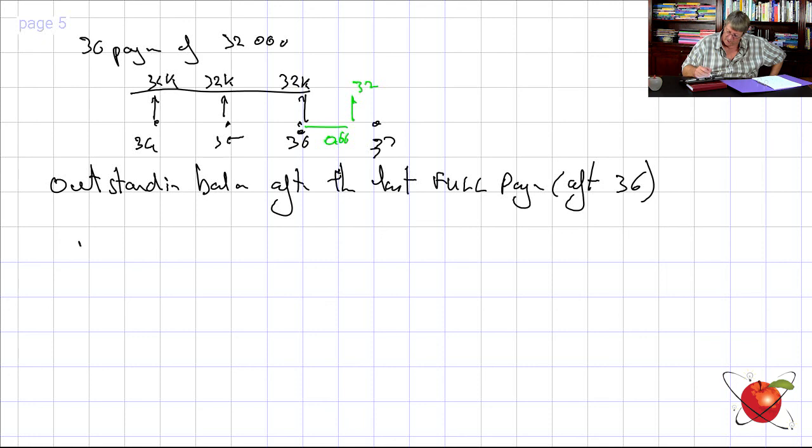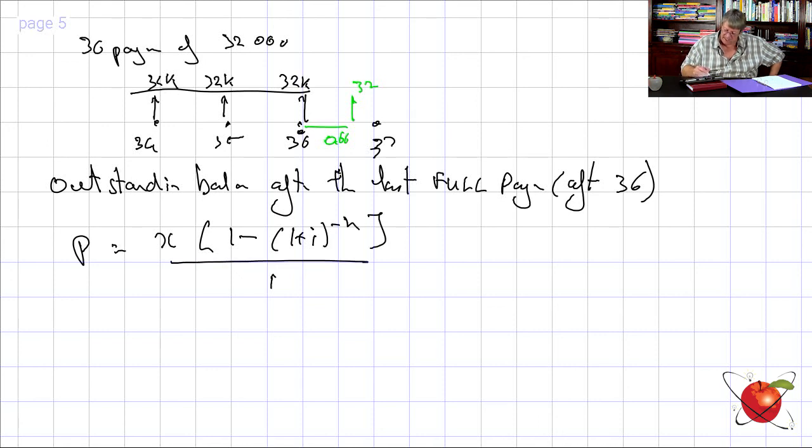In other words, we say P is equal to X times 1 minus (1 plus I) to the minus N, all over I. Let's fill in. Okay, P I don't know, but the 32,000 was my last payment.